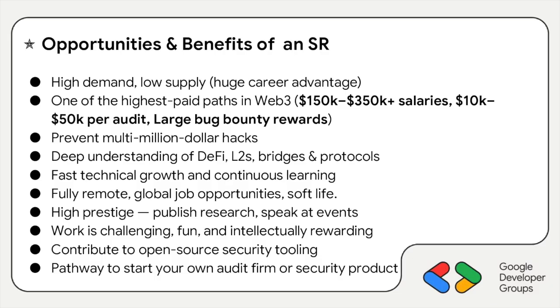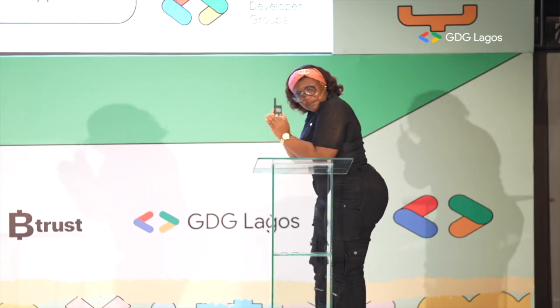Number one, there's high demand and low supply. That's a very huge career advantage. I'm not sure you'll be able to count 10 events you've gone to where they're talking about security research, right? Because we're still keeping it close.